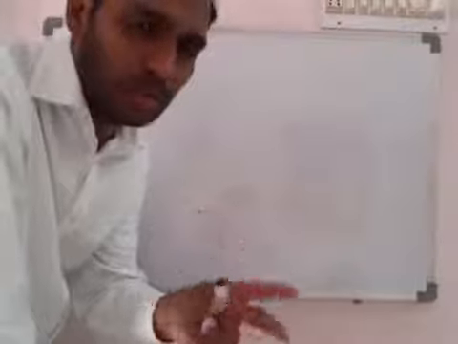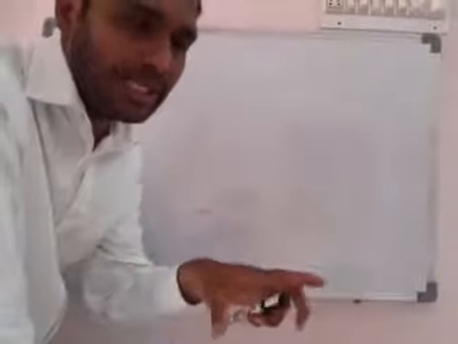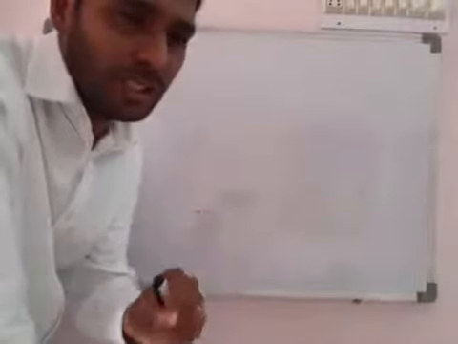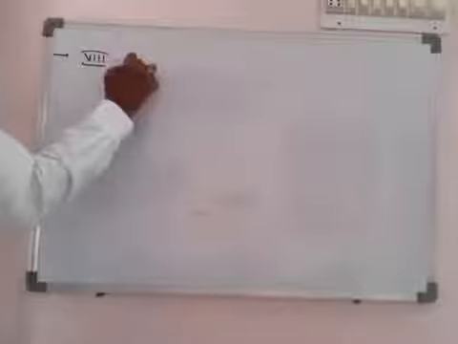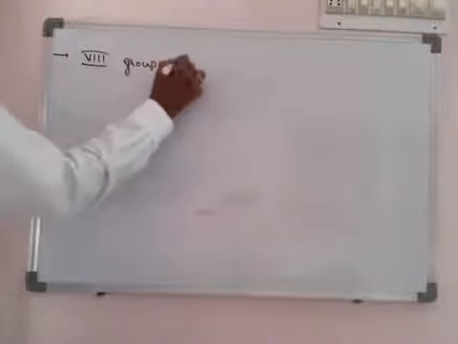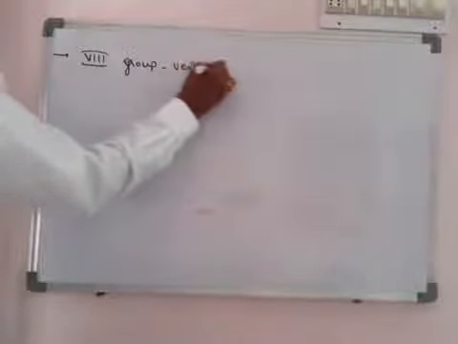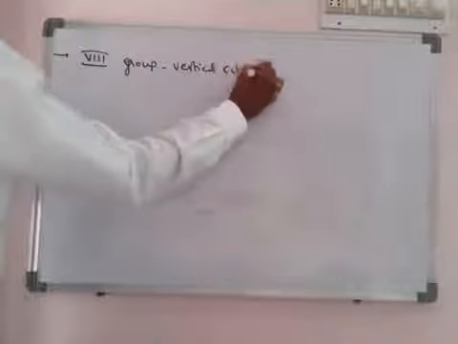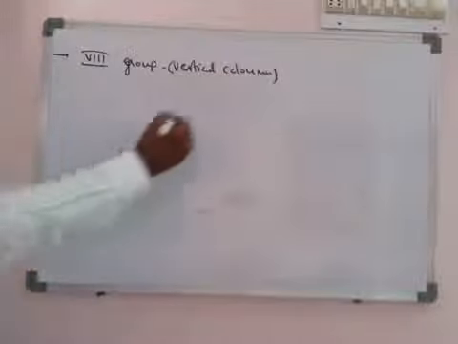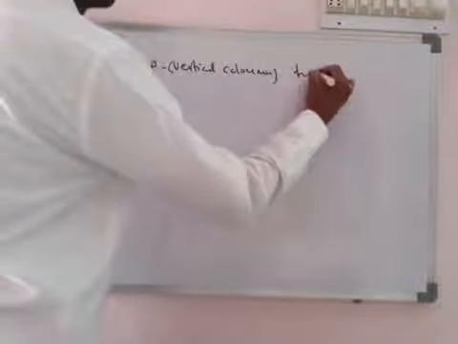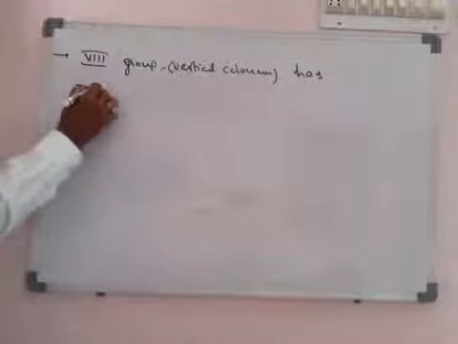Because the eighth vertical column contains groups of three elements. Write this point also. The eighth group, or last vertical column, has transitional triads.